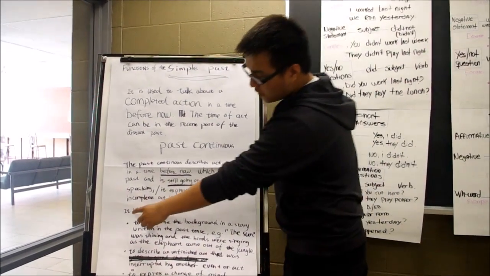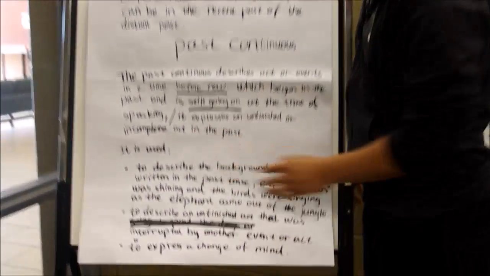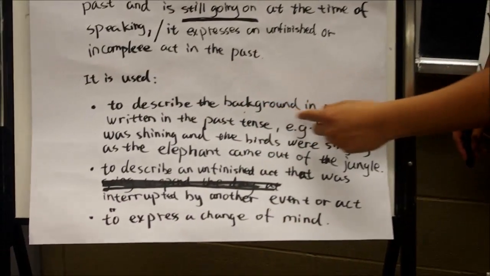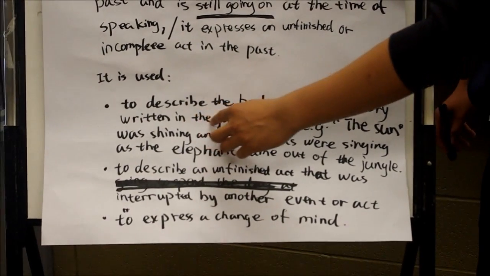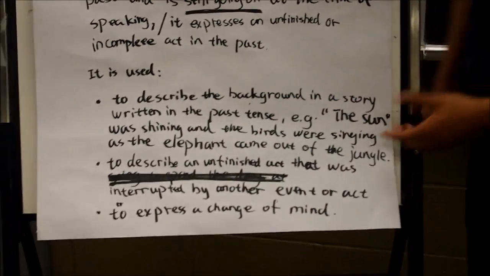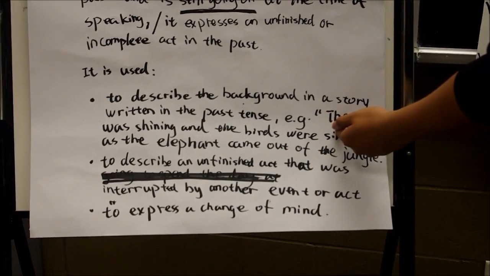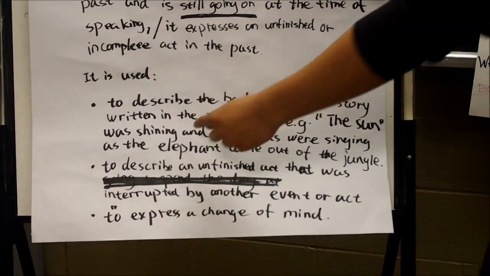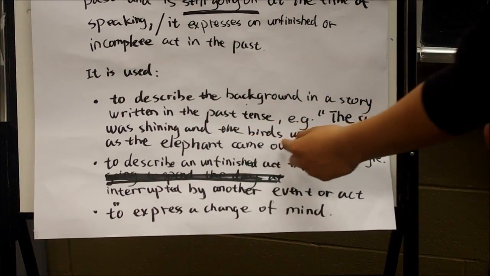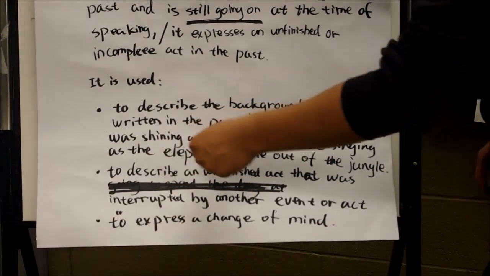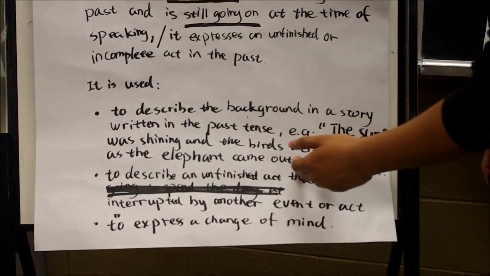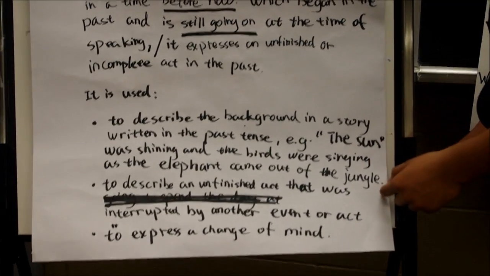So we use it to describe the background in story writing in the past tense. For example, right here: the sun was shining and the birds were singing as the elephant came out of the jungle.